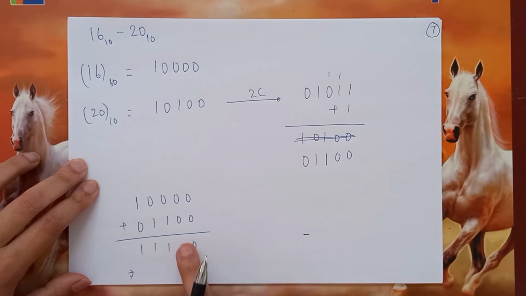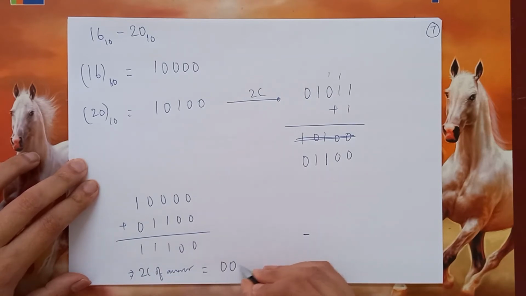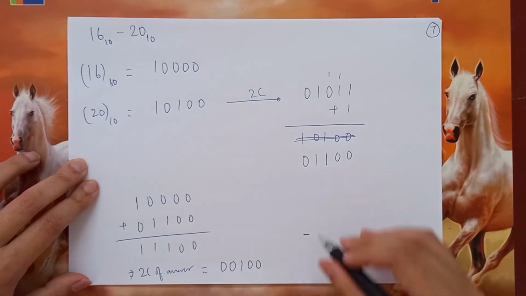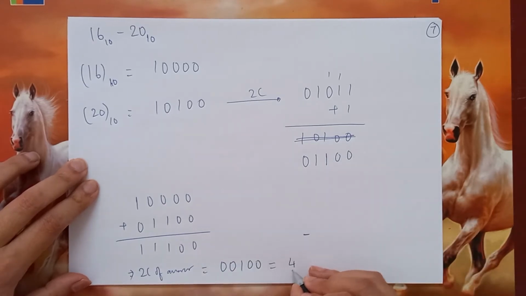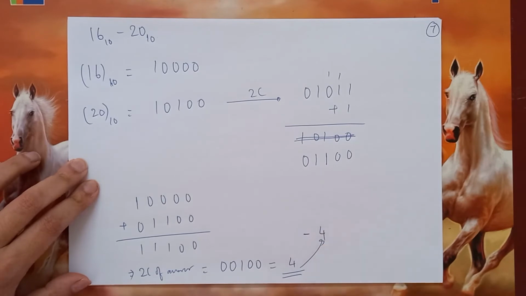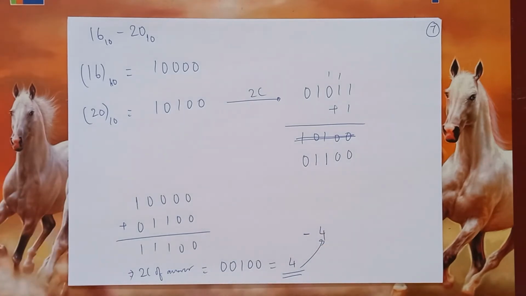The 2's complement will be that plus 1. So the answer is 0, 0, 1, 0, 0. So this indicates it is 4. Therefore, the answer is -4. This is how you can do 2's complement subtraction to handle negative numbers also.